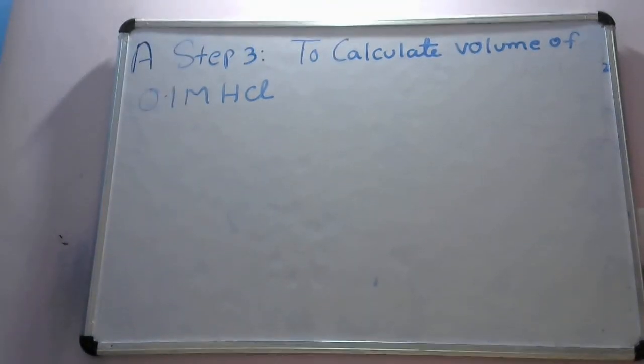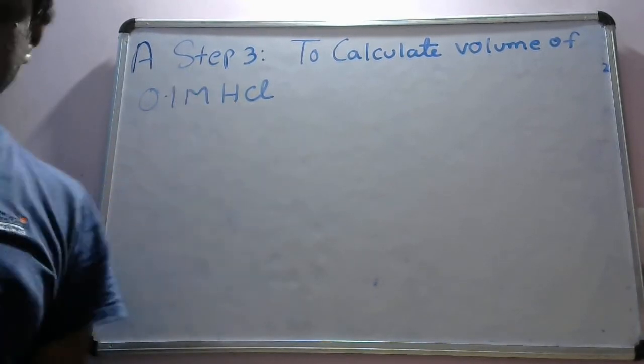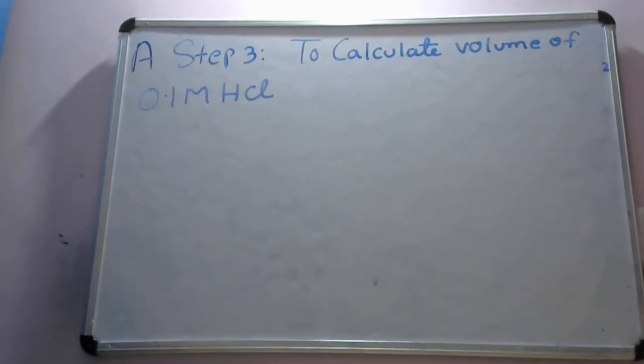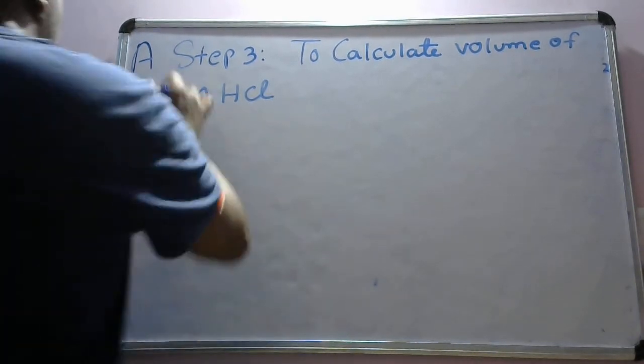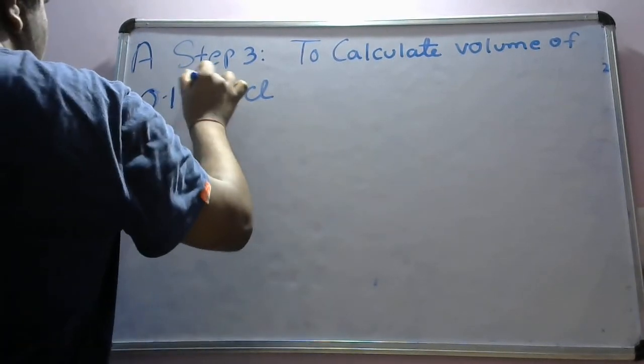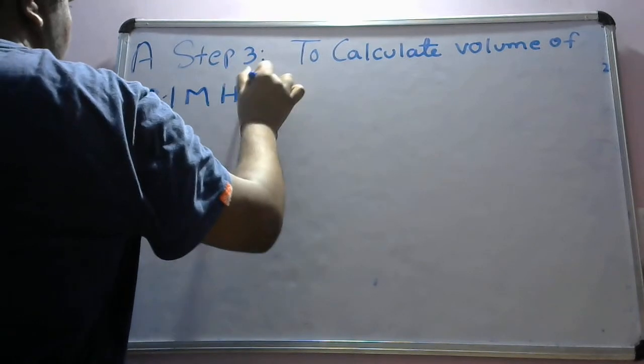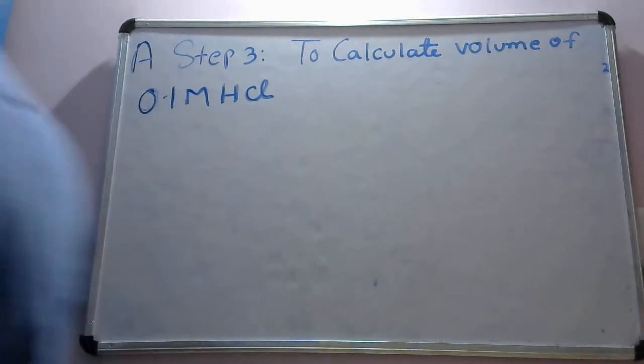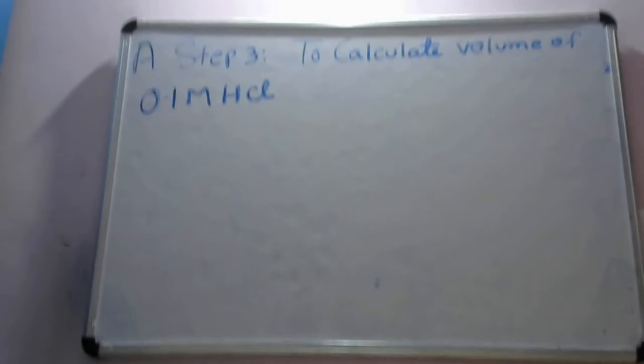Now 0.1 molar HCl means what? 0.1 moles of HCl present in 1 liter of HCl solution. Okay. Whenever molarity is given, that many moles of solute are present in 1 liter of solution.